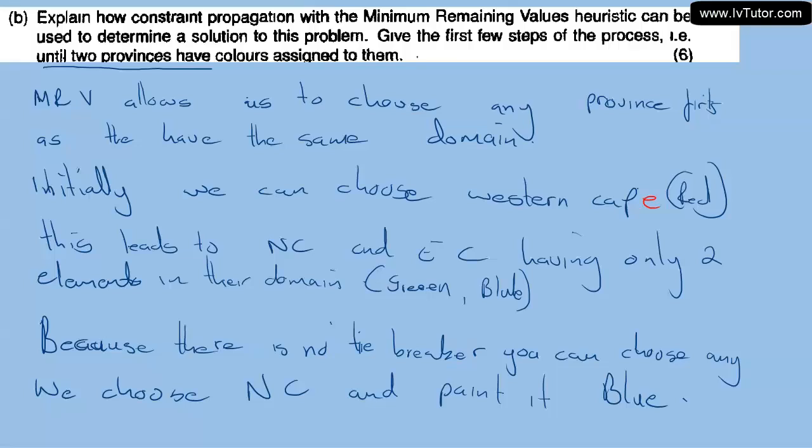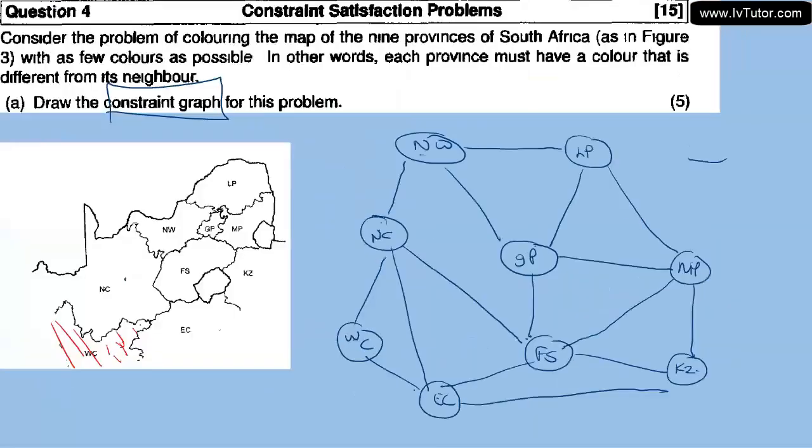Because remember, as a person, it's easy for me to go to Gauteng because I know it is good. I'll have two here and so forth, right? But without going forward as an agent, I don't know all this information.